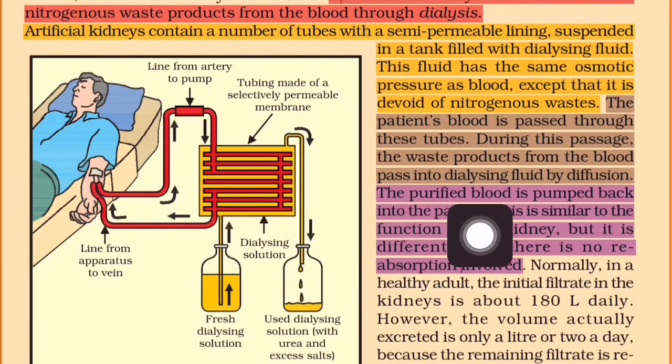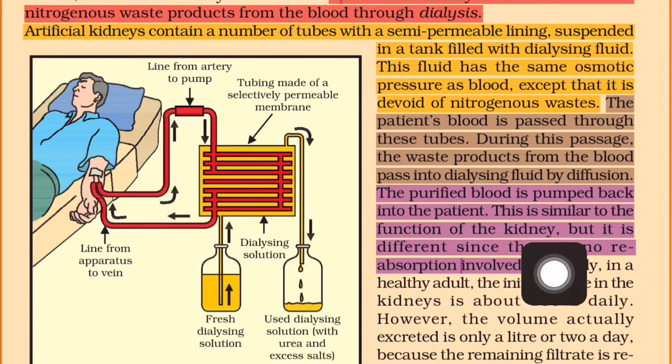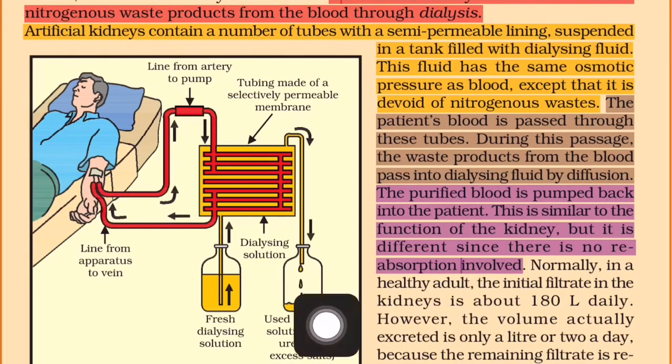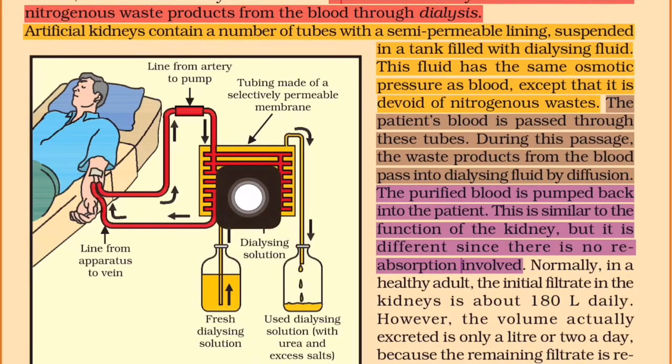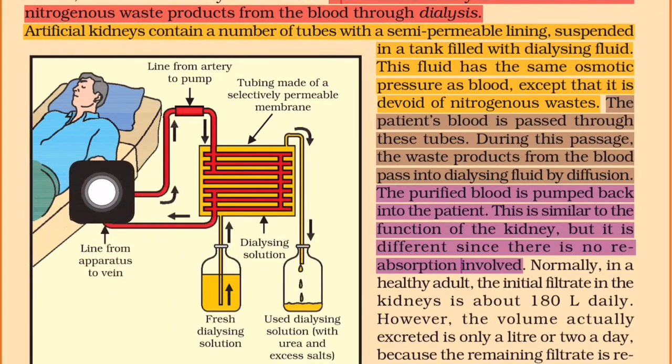The purified blood is pumped back into the patient. This is similar to the function of the kidney, but it is different since there is no reabsorption involved. After the removal of the nitrogenous waste, the pure blood is again pushed back into the body through this tube.